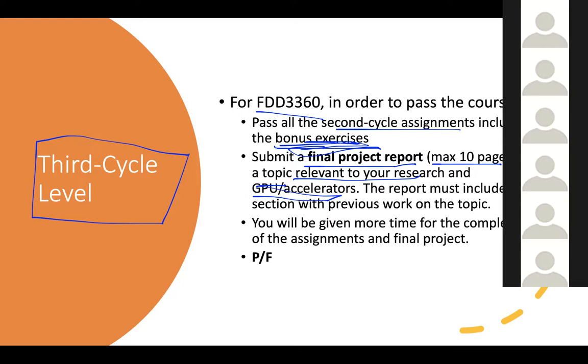An important point is that the report must include a section with the previous work on the topic, a kind of related work that has previously been done on the GPU.